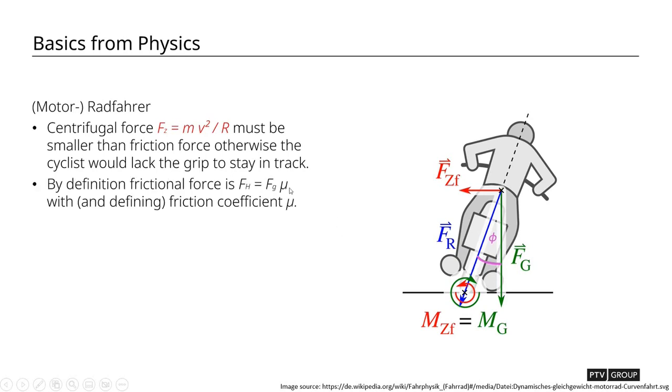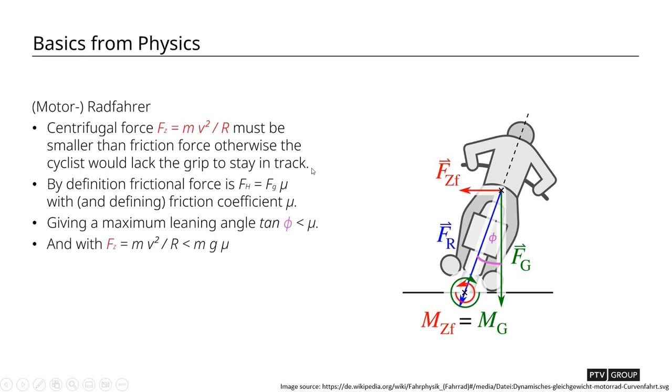By definition, the friction force is the gravitational force times some friction factor, friction coefficient mu, and obviously that tangent phi must be smaller than mu, because you have both at the same position of the otherwise identical equation. And this tells us how fast at maximum, as cyclists or motorcyclists, we can drive through a curve.